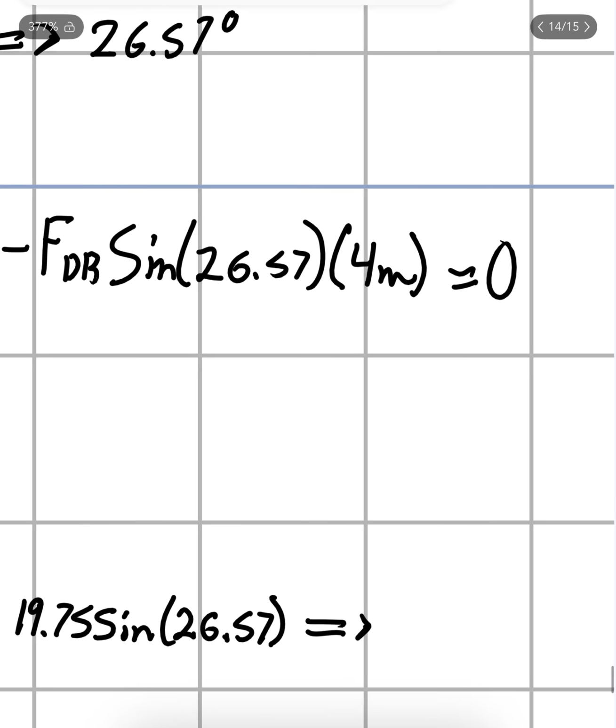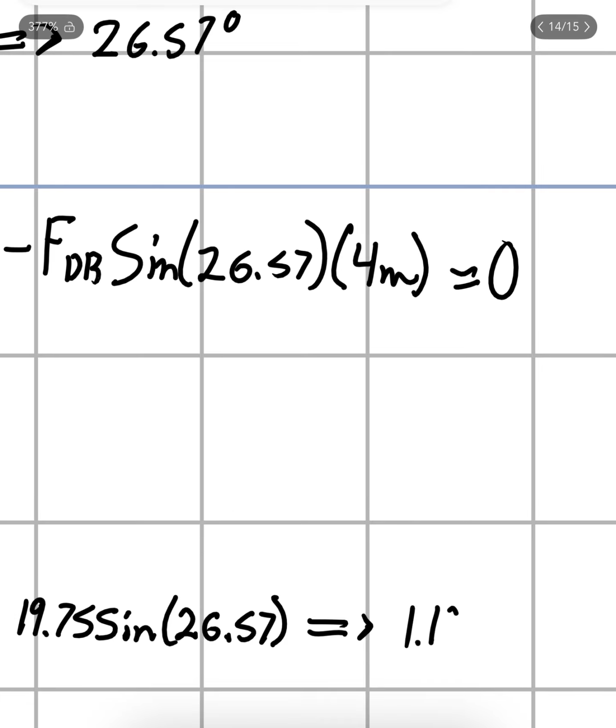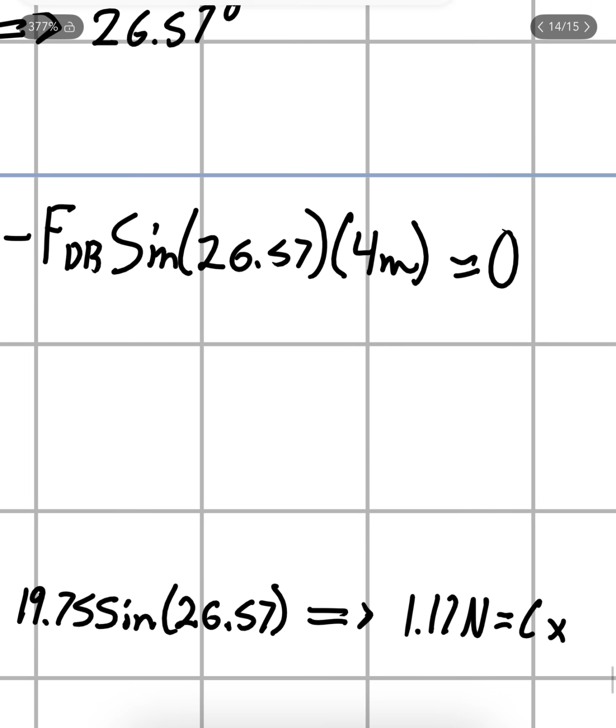And that equates to 1.17 newtons of force in the x direction on C. Okay, so that's one of our answers.